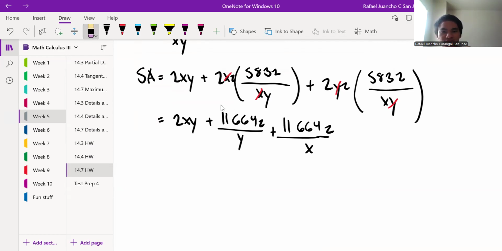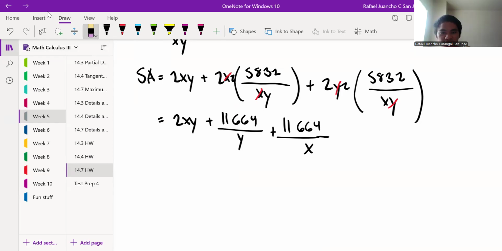Oh no, my bad. Because I already replaced my Z with this value. So there's no Z. This is supposed to be nothing. And now my eraser is not working. Okay, there. So let me just take out my Z.